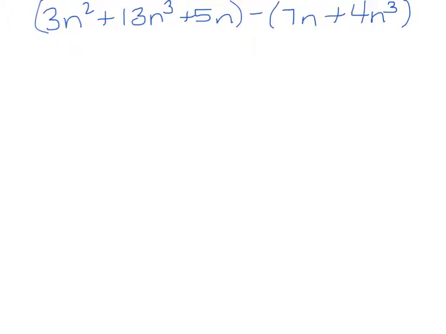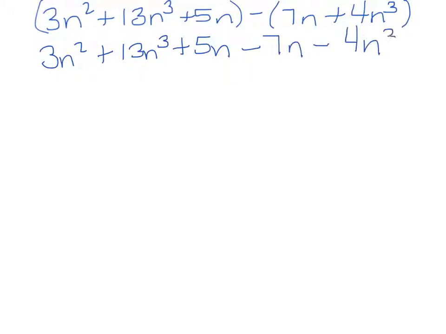So you can rewrite this as 3n squared plus 13n cubed plus 5n minus 7n minus 4n cubed. So all you've done is that you've taken this subtraction sign into this parentheses and given it to both of these terms. That is really helpful when you're going through and trying to answer these questions.